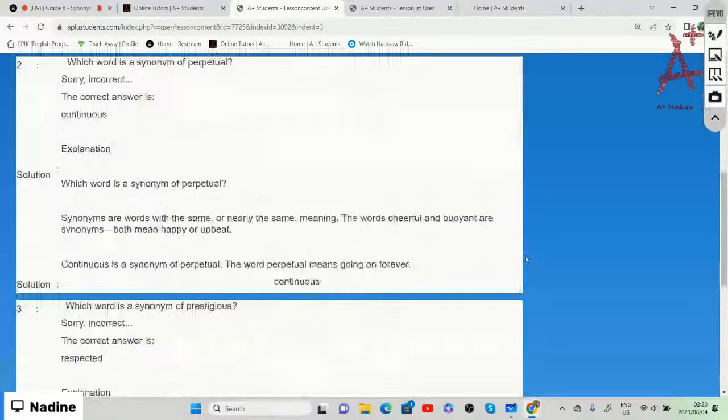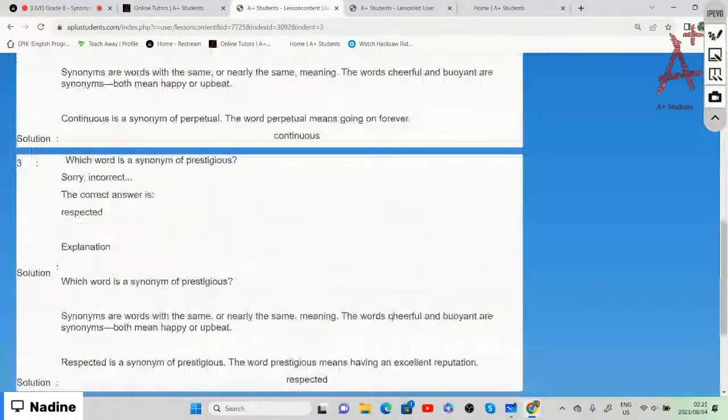So if it's going on forever, then we can think of a word that is similar in meaning, like continuous. Continuous is going on forever, so we can say that is a synonym of perpetual.